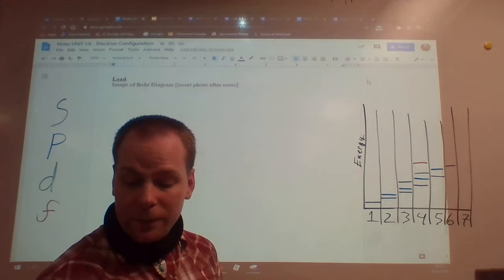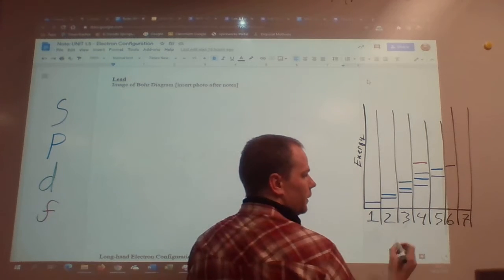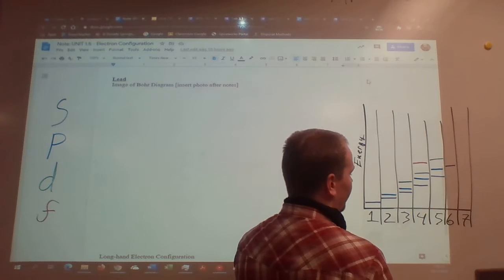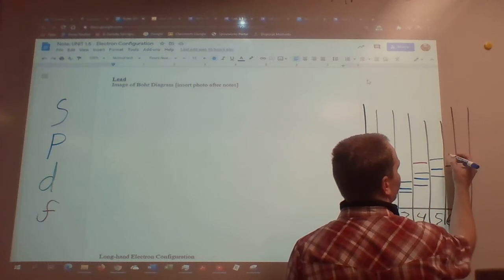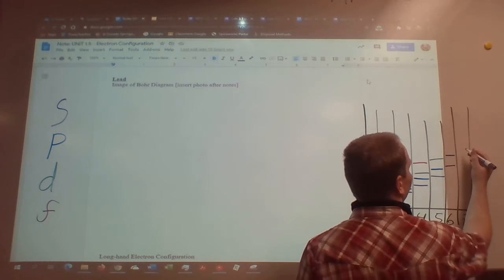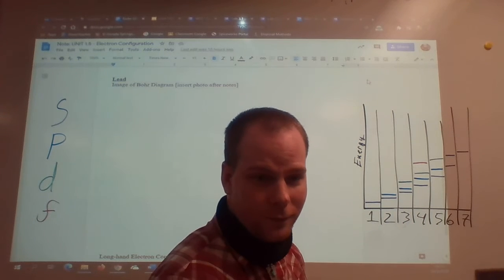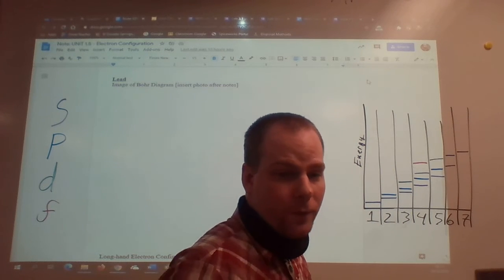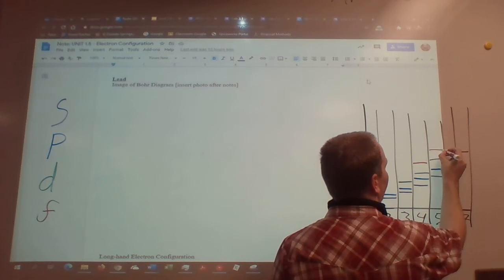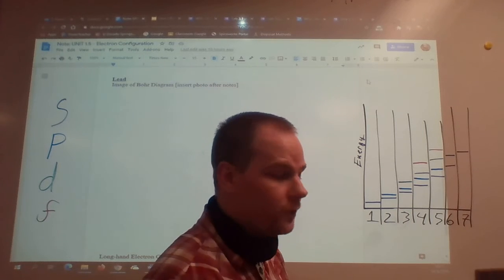After that F subshell, we go back to D. So our 5d subshell fills. Then our 6p subshell fills. Then our 7s subshell fills. Then we backtrack again to 5f. So our 5f subshell fills, and then the same pattern takes place again.